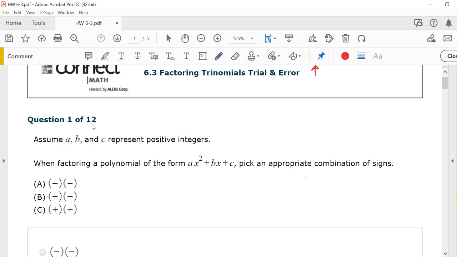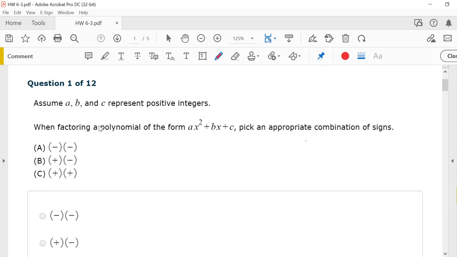All right, question 1. Assume a, b, and c represent positive integers. So we've got x squared plus bx plus c. When factoring a polynomial of that form, pick an appropriate combination of signs. Last time, if a was 1, we did this little diamond, the little x, factors of c that added up to give us b.